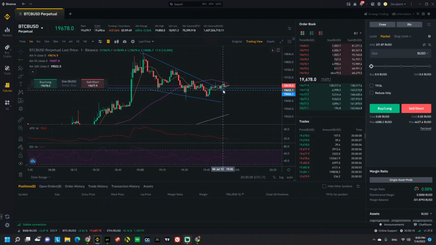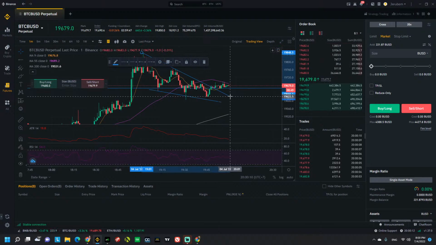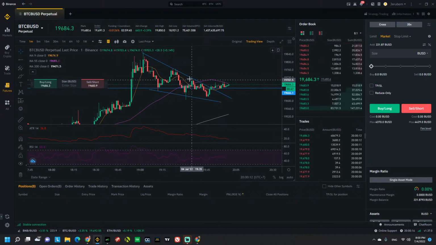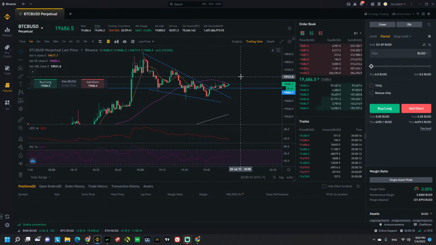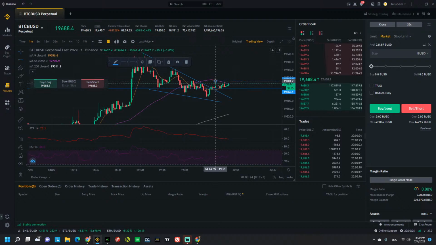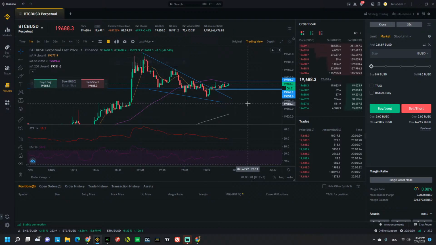So it just broke up here from the downtrend. Well, it looks like it's just a sideways market. Don't really know where it's going. Might break out somewhere.